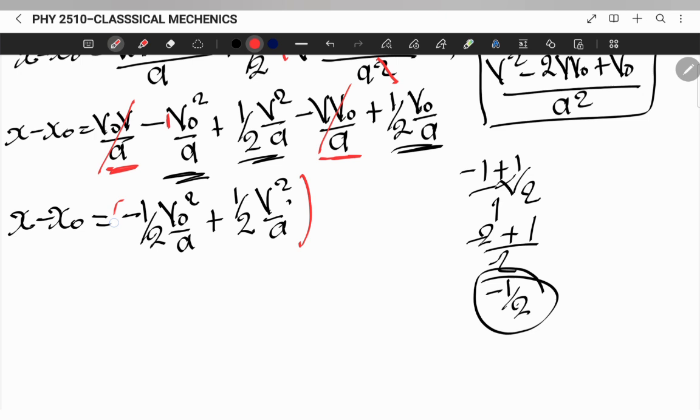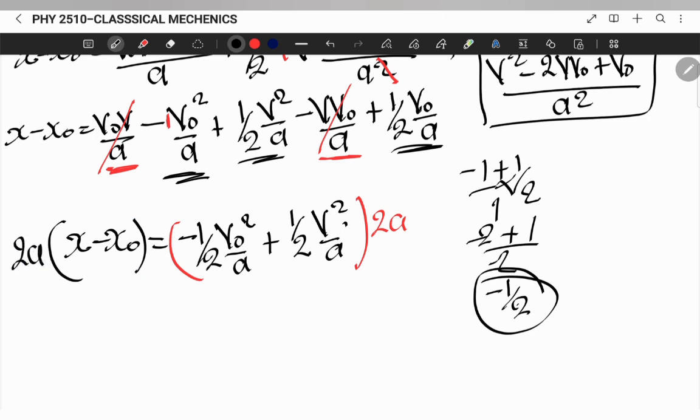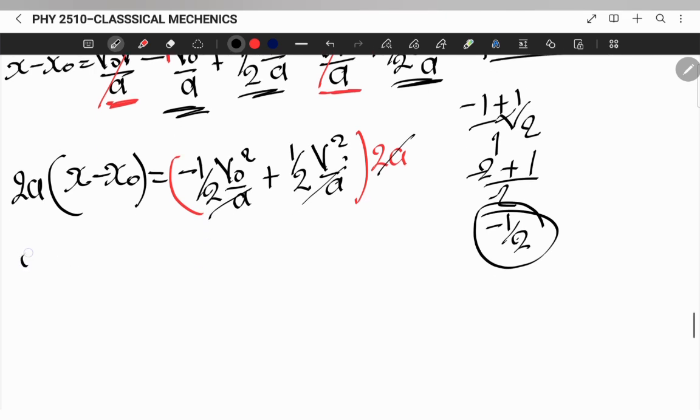So both sides by 2a. So this goes with that and goes with that. So 2a times (x minus x naught) is equal to negative 1 times v, so we'll keep that, negative v naught squared plus v squared.